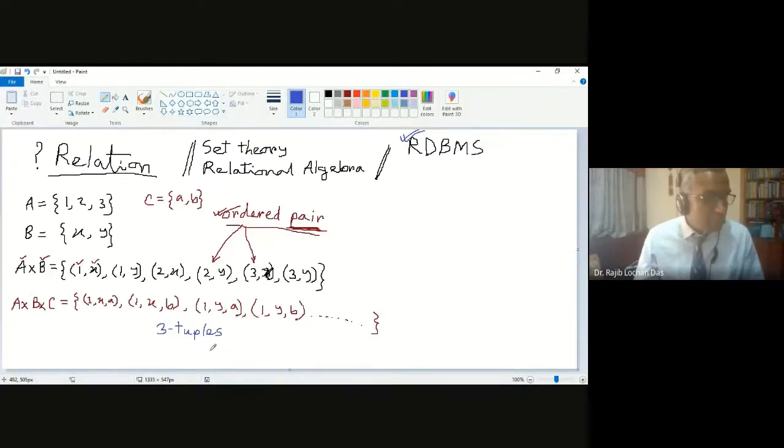So 3 tuples, 4 tuples, that is also okay, no problem, but I usually call them tuples. In this case, it is an ordered 3 tuple. Even if you do not say it, it will obviously be ordered. The first item will be from the first set, the second item from the second set, and the third item from the third set. That is the ordered 3 tuple.